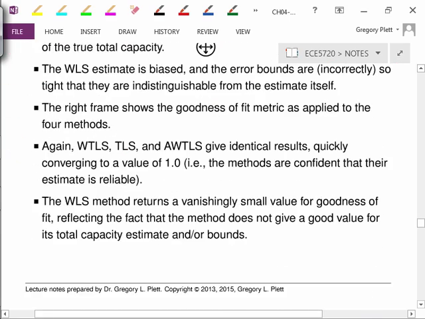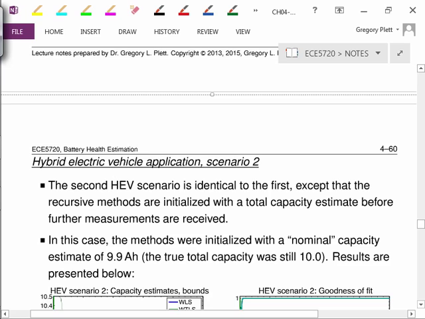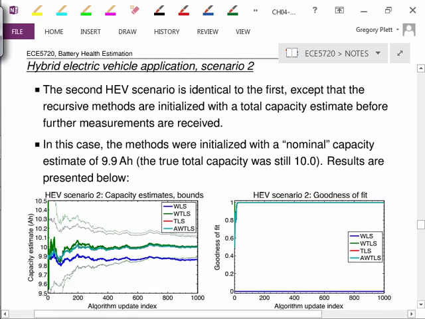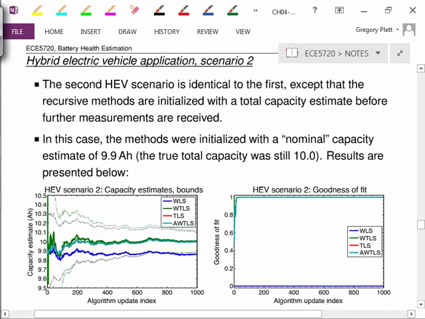And I think I've said all that. Okay. Scenario number 2 is almost exactly the same. The weighted least squares method is exactly the same, and the weighted total least squares method is exactly the same.